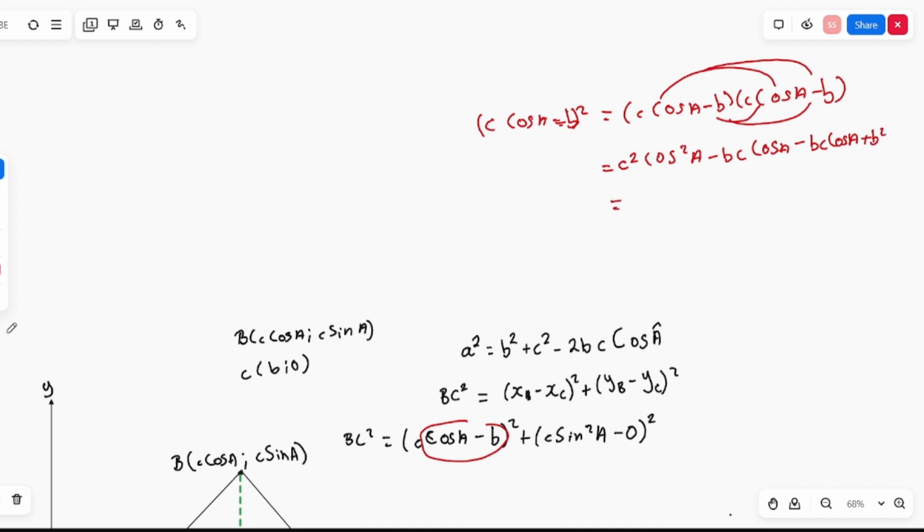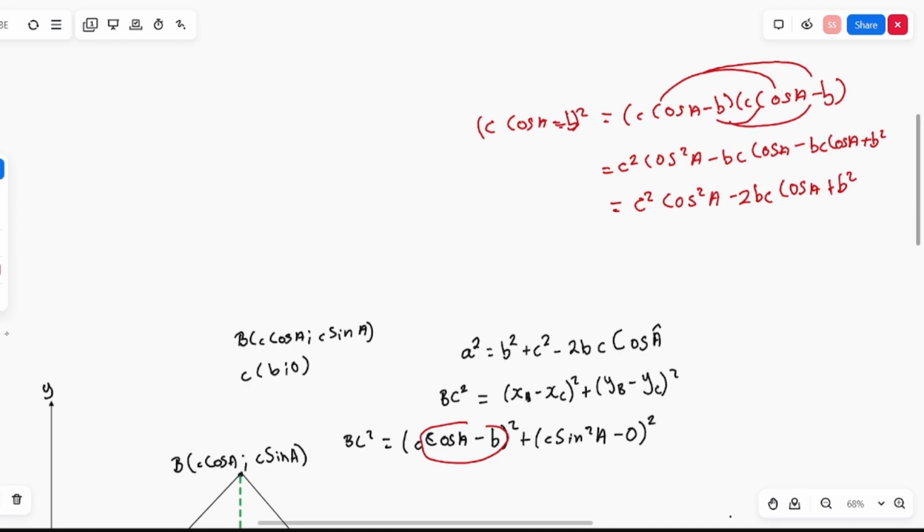And then we are going to add the like terms. Here we are going to have c squared cos squared A, and then minus bc cos A minus bc cos A is going to be negative 2bc cos A, plus b squared.